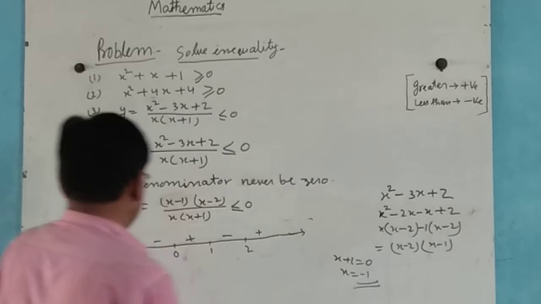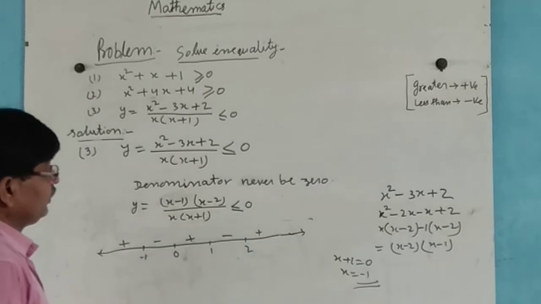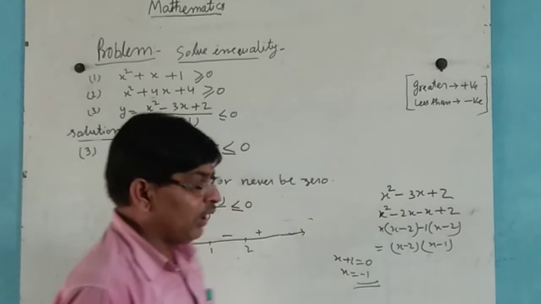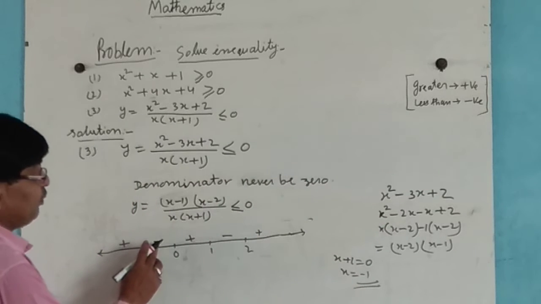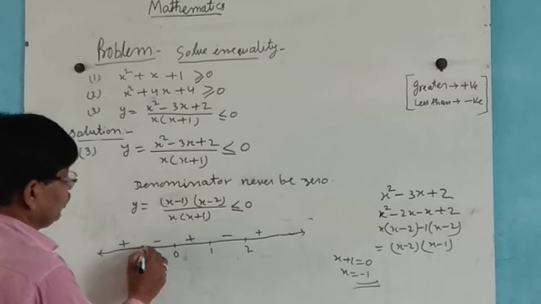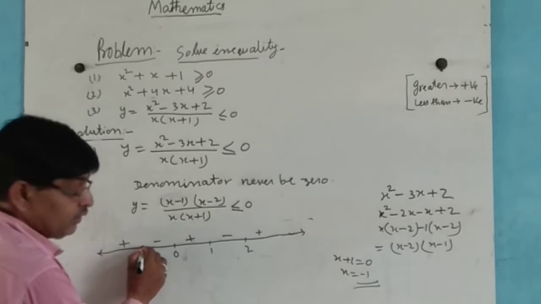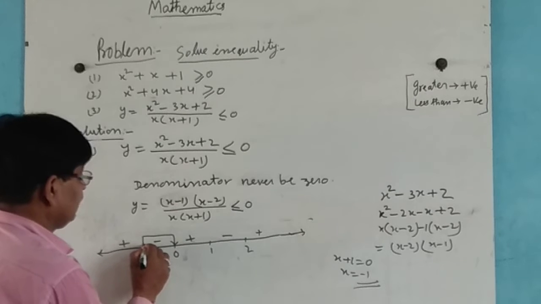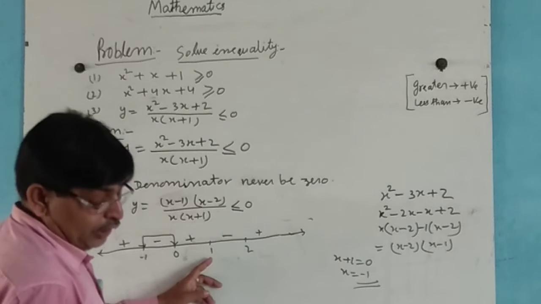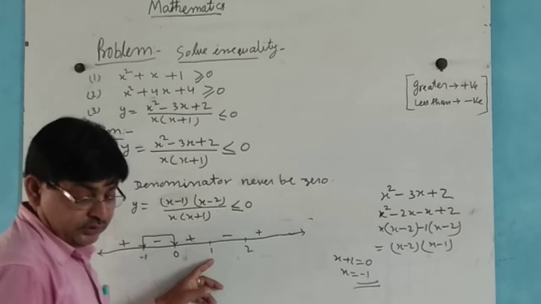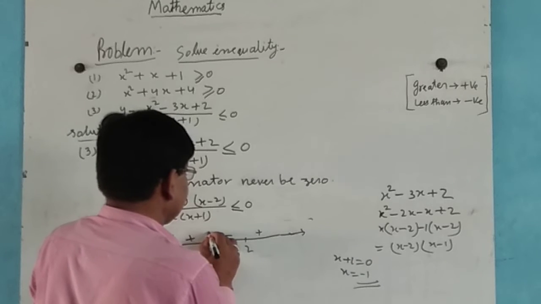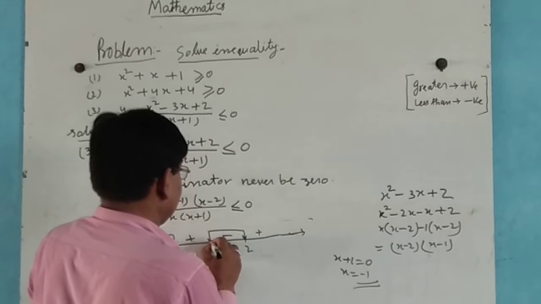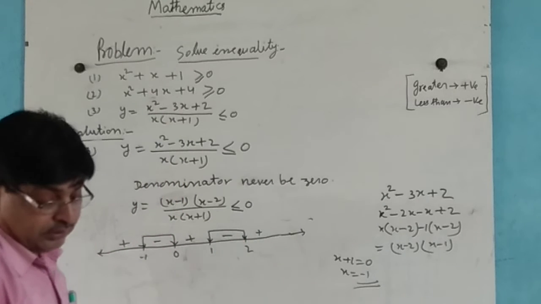Here this is not present. Now we take in the less than, take the negative parts. Negative part is also here, so take this point to this point, and another negative part, this part.